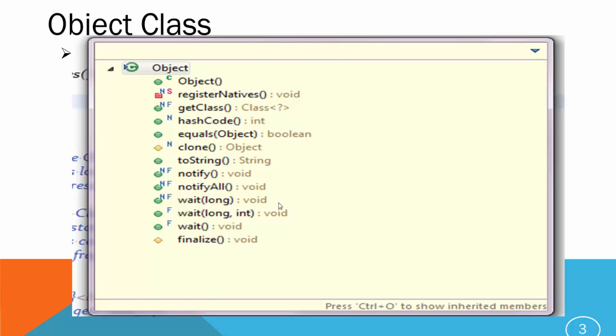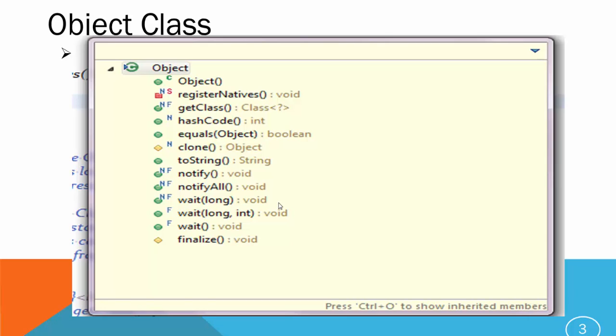There are three flavors of wait methods, and we have the finalize method. The finalize method, which we saw in the last video, basically asks the Java virtual machine to call this method while doing garbage collection. So these are the methods in the Object class.